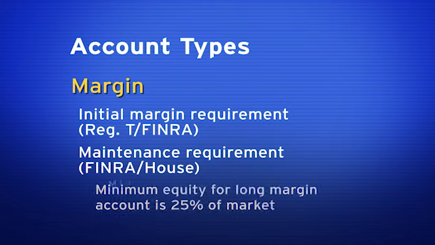The minimum equity that FINRA requires in a short margin account, a margin account where we've sold securities we do not own, is 30%. So the equity would be 30% of the current market value.